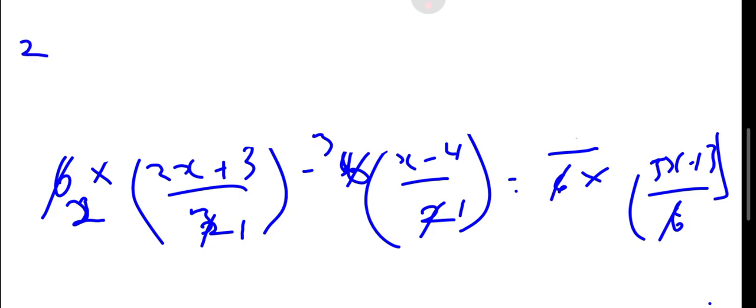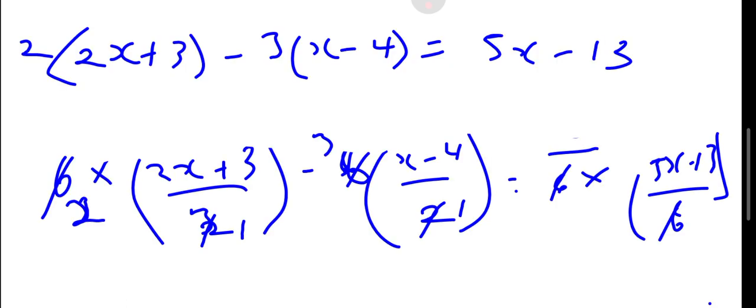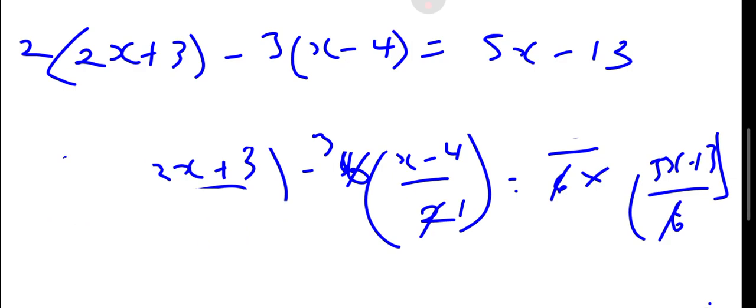You have 2 times 2x plus 3 minus 3 times x minus 4, which is equal to 5x minus 13. So this is what we are trying to solve over here.